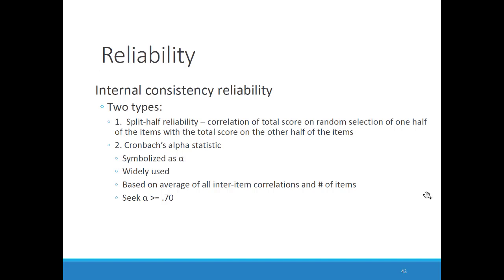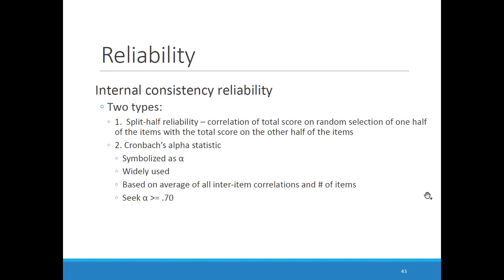This is symbolized as the Greek letter alpha, and it's based on the average of the inter-item correlations and also the number of items. So the more items you have in your measure, the higher your Cronbach's alpha will generally be. Similar to before, we seek alpha levels that are at least 0.7.